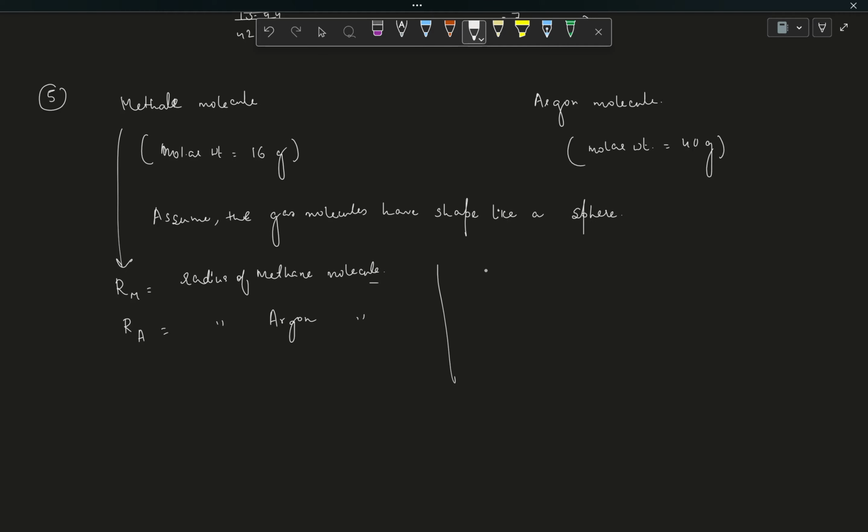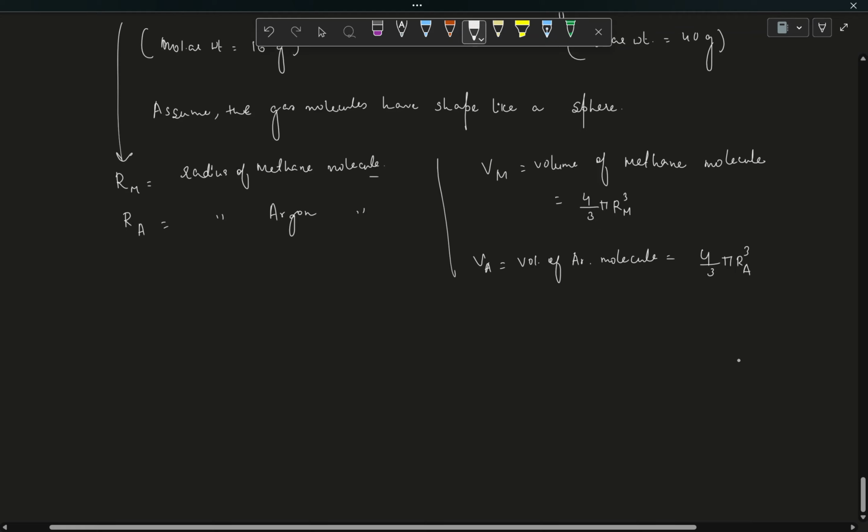Also, we take Vm, the volume of a methane molecule, because it will have the volume of a sphere. So this is 4/3 pi Rm cubed, and the volume of an argon molecule is 4/3 pi Ra cubed.